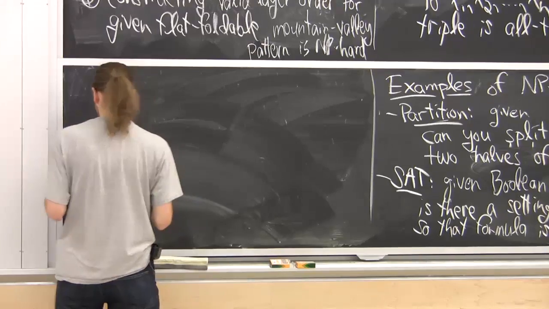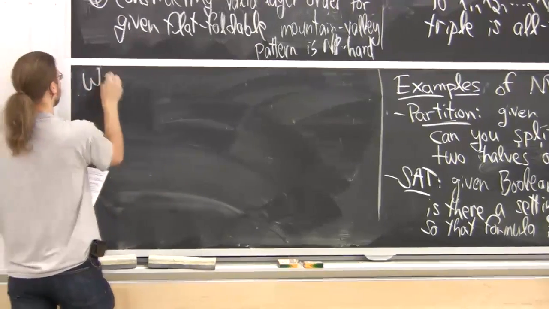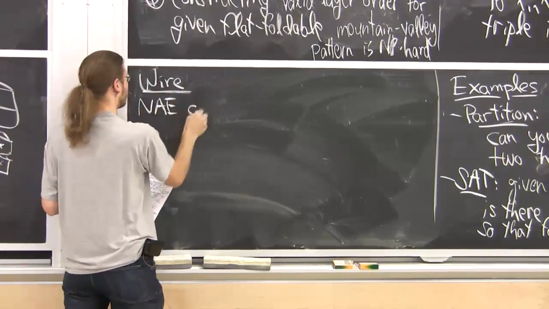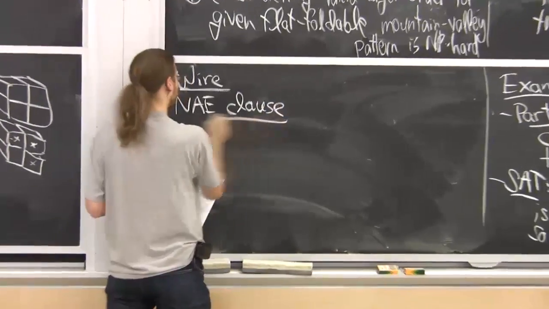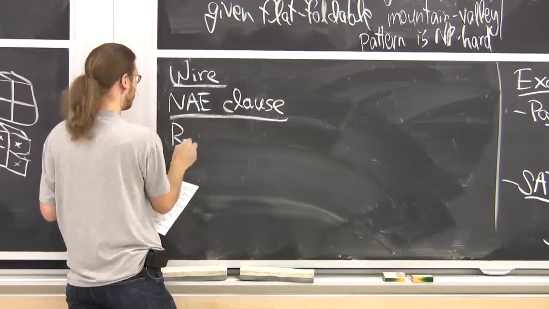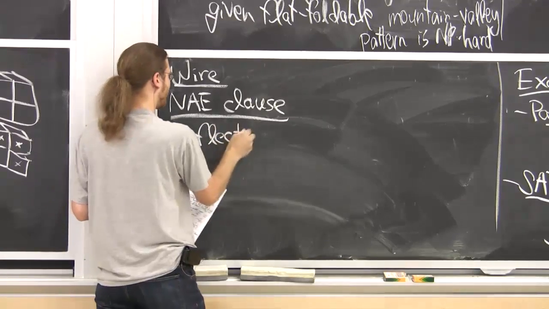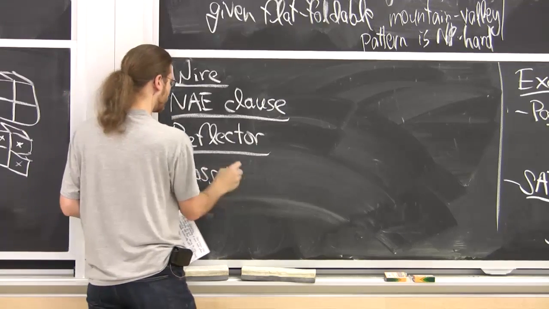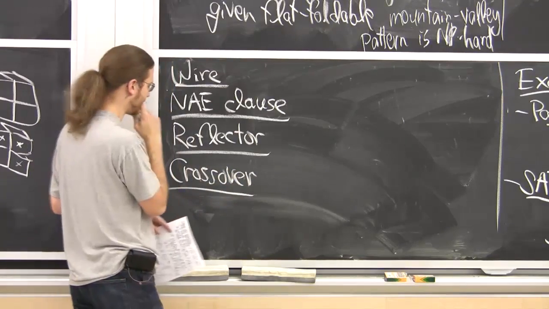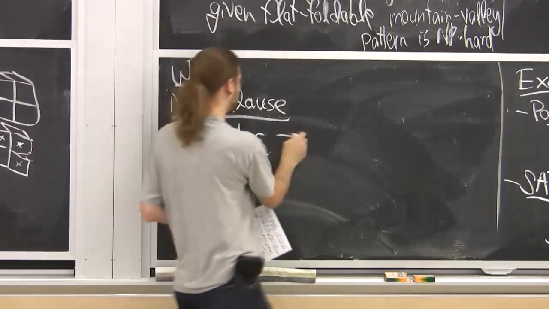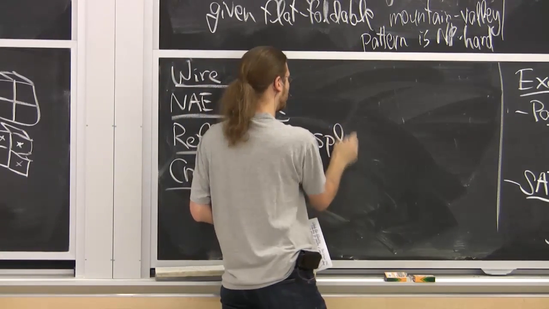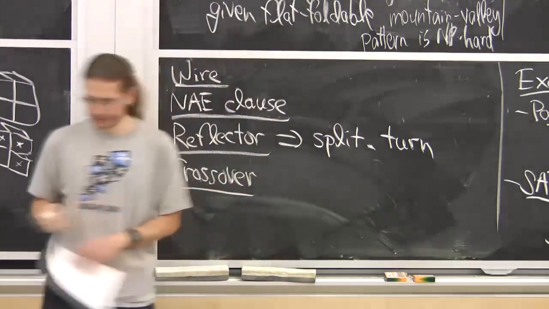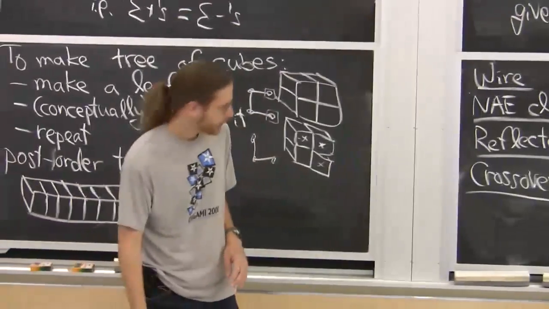So, I'll give you a preview. Start with the high level, what we need, in terms of gadgets, and then I'll show you the gadgets and then show you how they fit together.